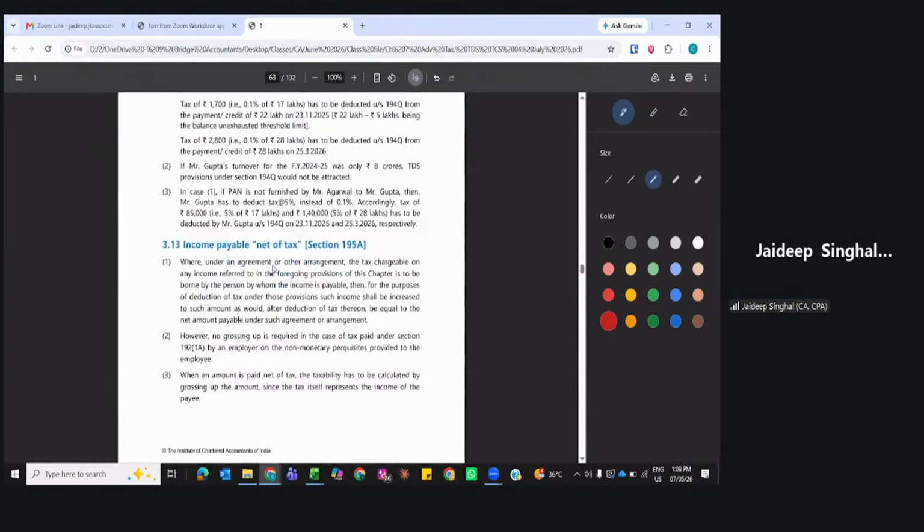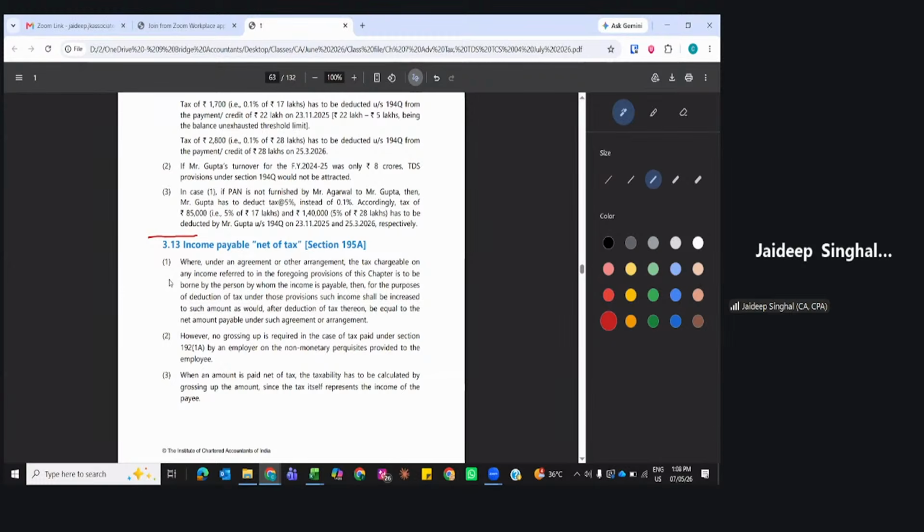Now, till here we have covered the TDS sections, on what transactions the TDS is applicable. Now there are some theoretical provisions of TDS we need to cover, right? Are you comfortable with the TDS? These are small sections that we cover, one section done, then we go to another section.